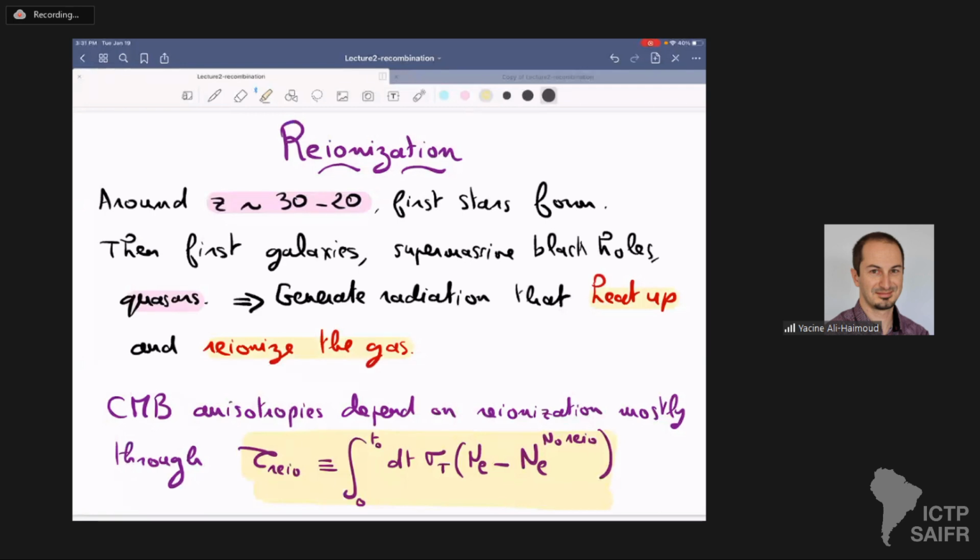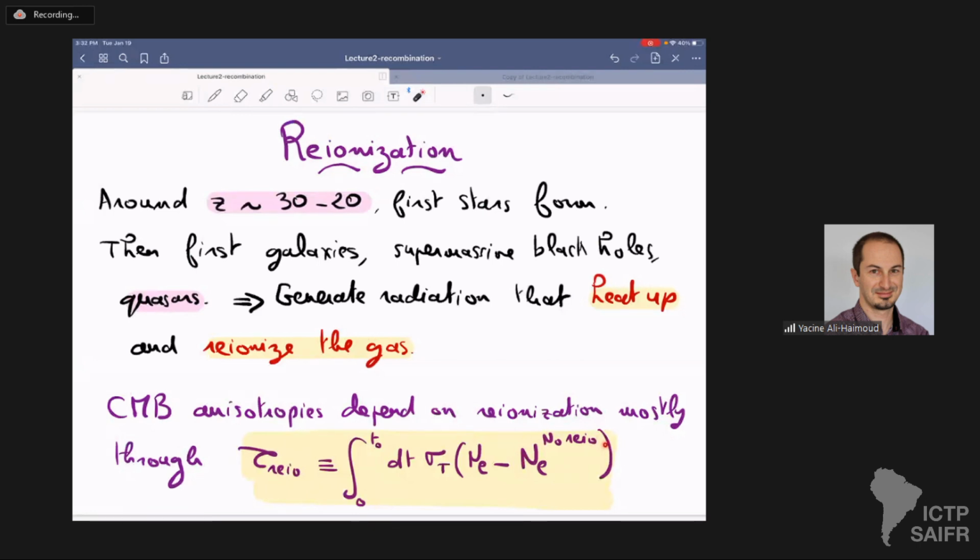Now, as we will see, probably in 2 days, CMB anisotropies depend on reionization mostly through one single parameter, which is the optical depth to reionization. Precisely, this is the optical depth that is additional to the optical depth from just regular recombination. There is some optical depth, of course, that goes to order unity at the last scattering surface from the regular recombination history.